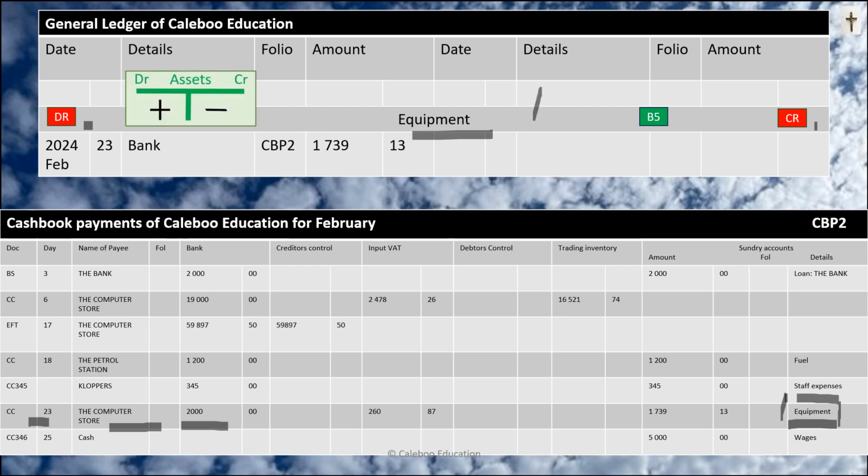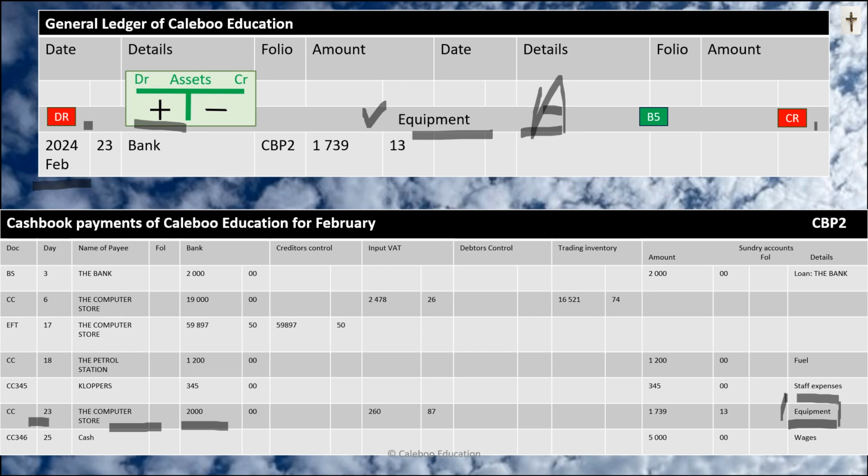And equipment is an asset, and according to accounting rules, if the value of our equipment, which is an asset, increases, the account must be debited. If you know your rules, you will always work accurately. If you can classify each general ledger account according to whether it's an asset, income, expense, liability, capital, drawings, you can't go wrong. You need to know your rules.